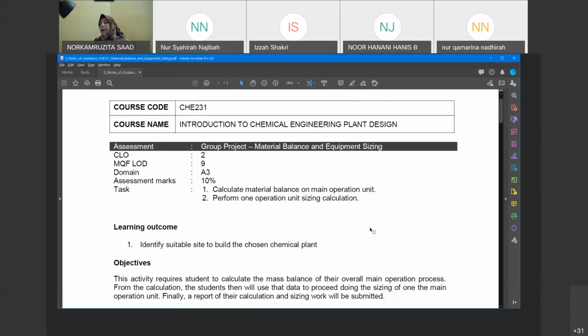Whatever you have learned in separation processes, for example distillation, you have learned how to design the quality of your product by determining the purity of your top product and maybe the purity of your bottom product.